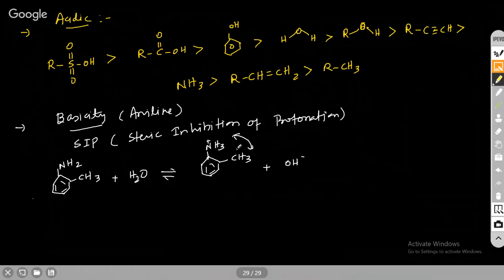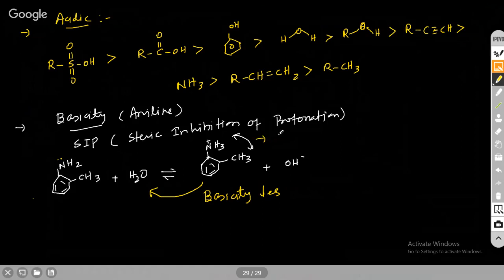To minimize this steric hindrance, the reaction has more tendency to go in the backward direction. When it goes in the backward direction, the basicity decreases. Why? Because NH2 has a lone pair, and losing the lone pair is nothing but the basic nature.